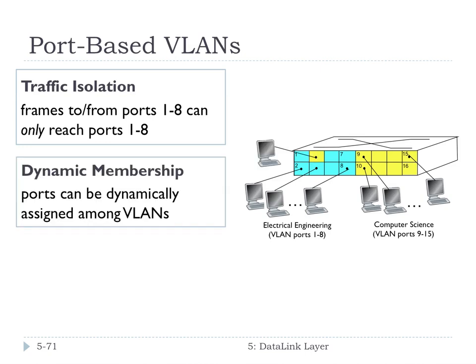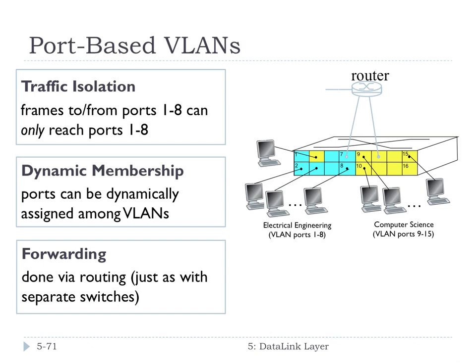Oh, as I said here, because we're using VLANs, we can have dynamic membership, which means that the ports are dynamically assigned to whatever VLAN we want them to be in. Like I said, we've changed this to yellow. And the forwarding is done through routing. You can see here, we've got this router that's external here. You can imagine if the routing software is built into this same hardware, then it can do it all in one box.